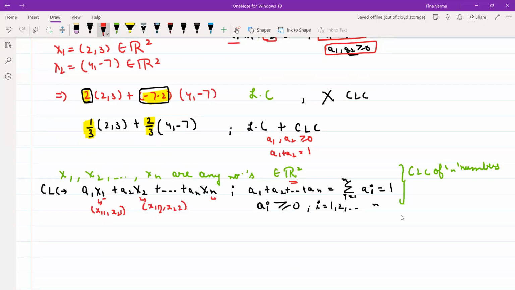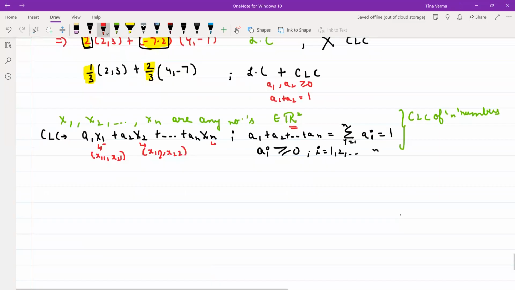So whatever your ai's will be, the sum should be 1 and all the numbers should be greater than or equal to 0. So that will be the CLC if your xi's, taking xm, are belonging to your Rn plane.